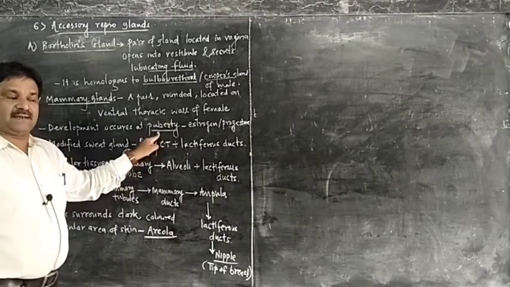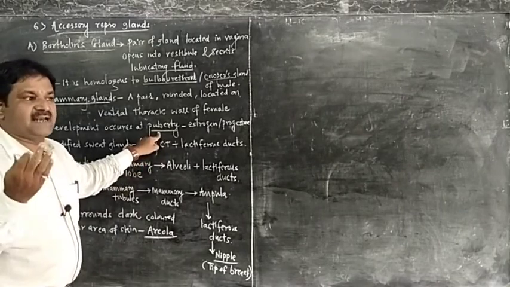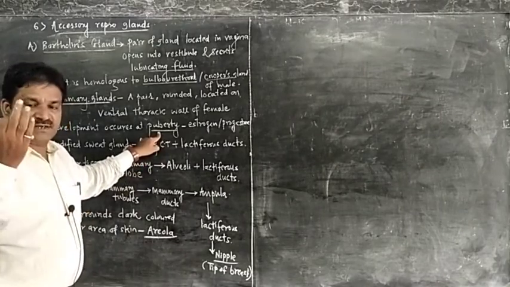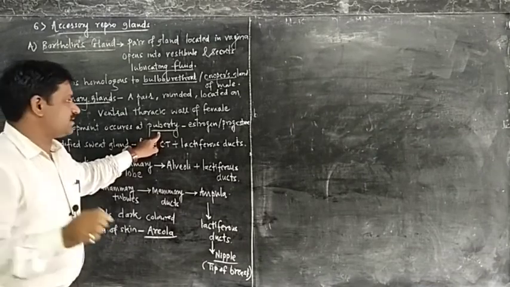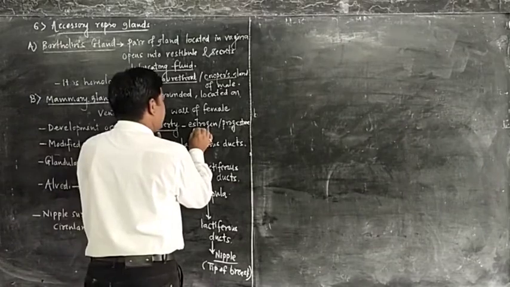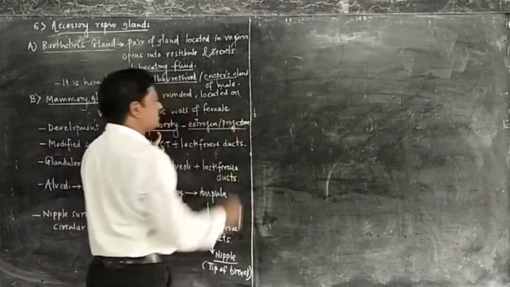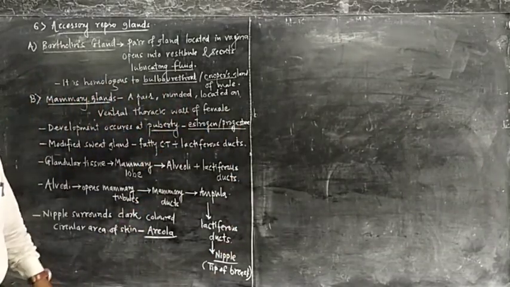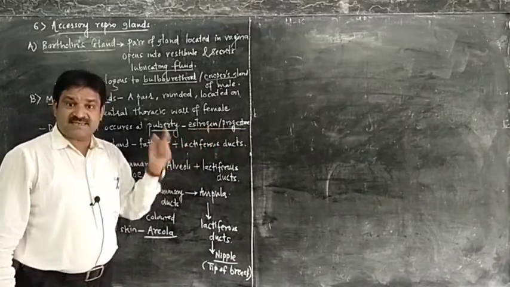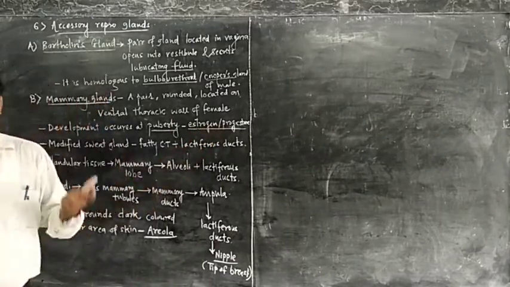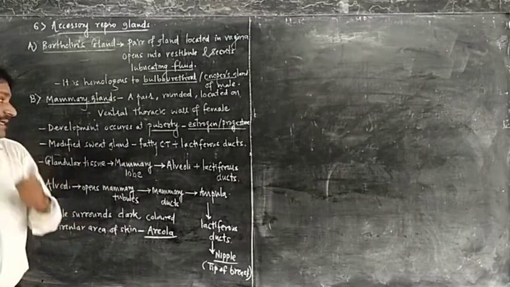For the growth of these glands, there is a production in the female body of certain hormones like estrogen and progesterone. These hormones are responsible for the growth and development of the mammary glands.